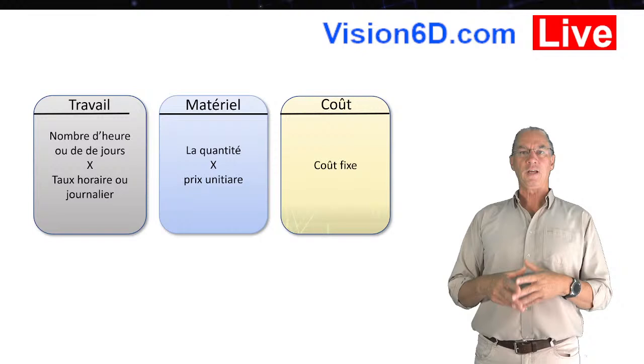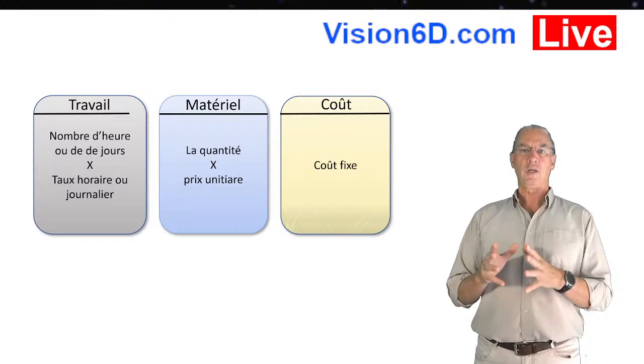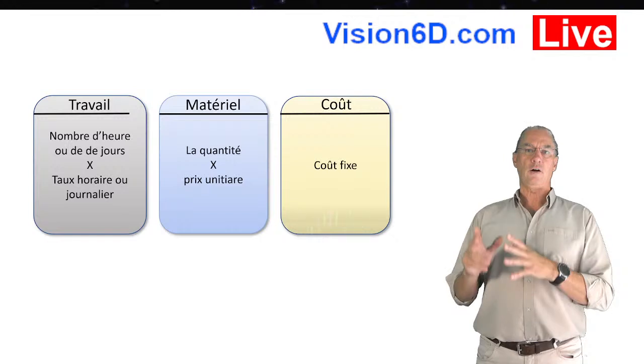Consultants rate us a certain amount, and they say, okay, our intervention is 1 day and it costs that much. So it's a fixed price independently of the number of hours that are worked. So this, for example, is an example of a resource that could be defined as a cost resource.